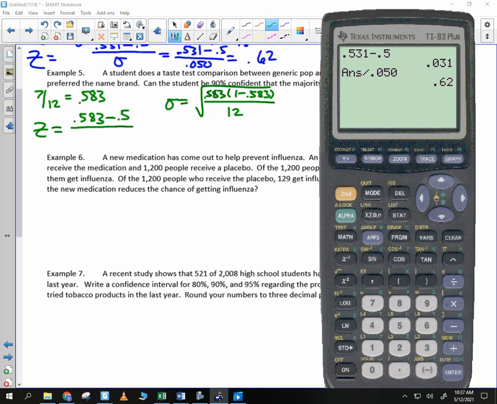Turn my calculator on. 0.583 times 1 minus 0.583. I get that, and I divide it by 12. Now what do I have to do? Square root. We get 0.142.